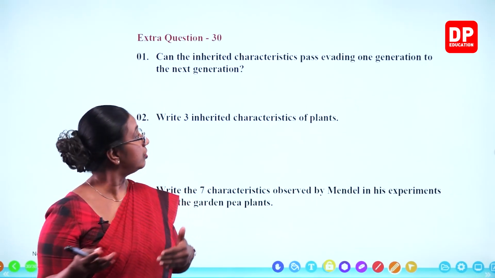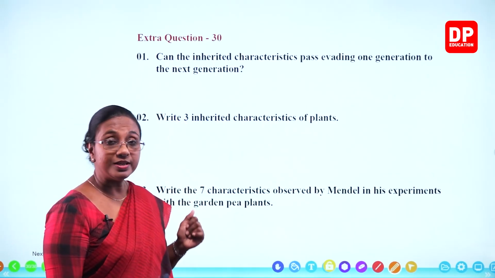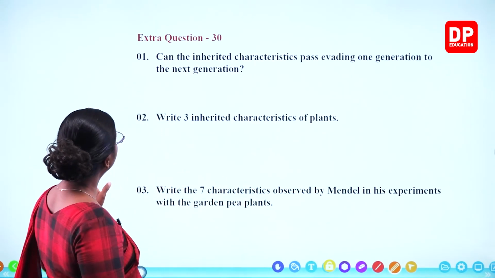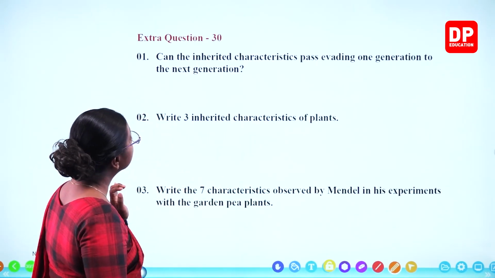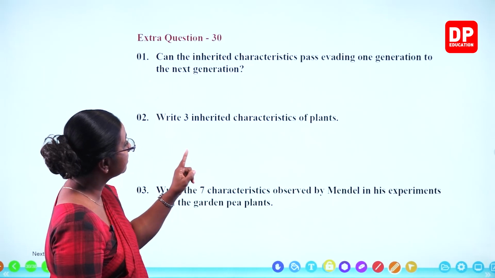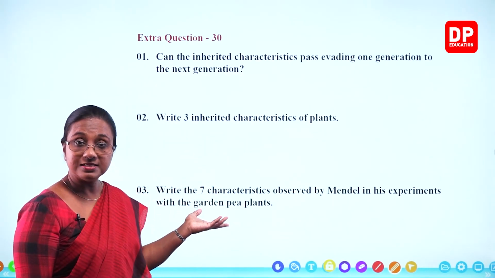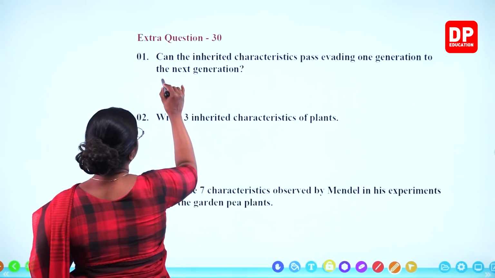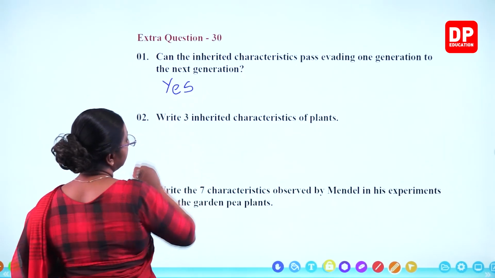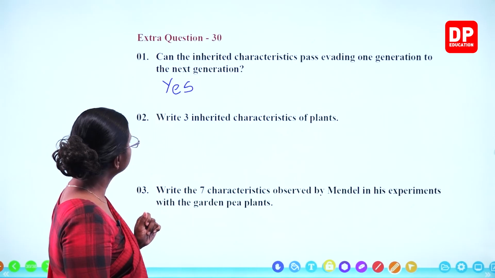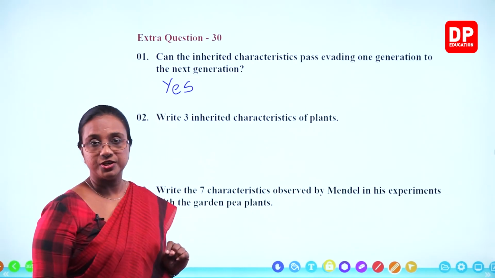So that is also possible. So the question here is mainly to show that can the inherited characteristics pass evading one generation to the next generation? The answer is yes. Right.